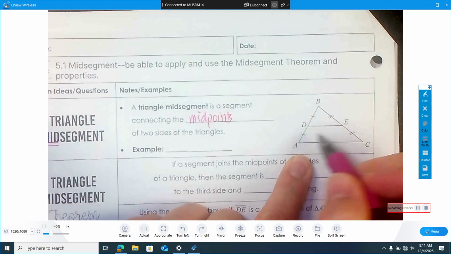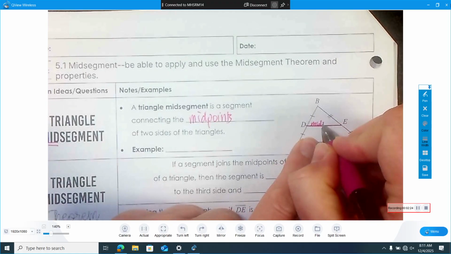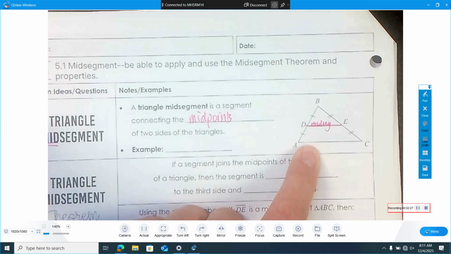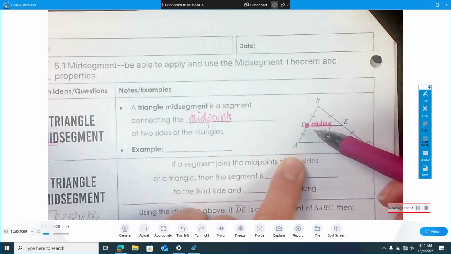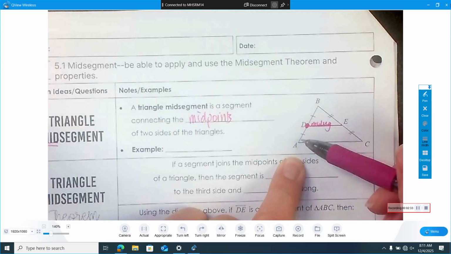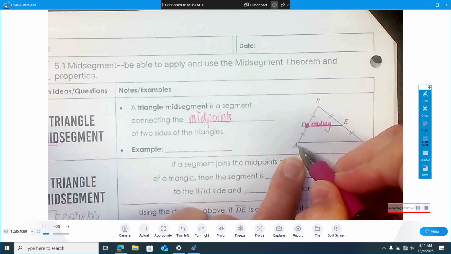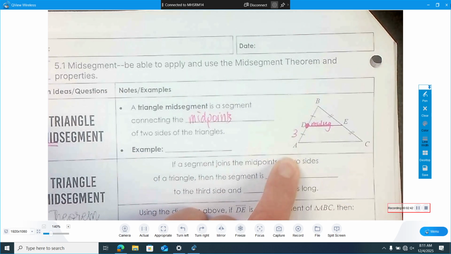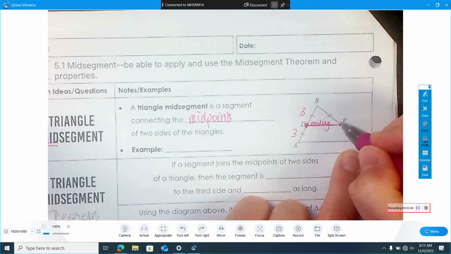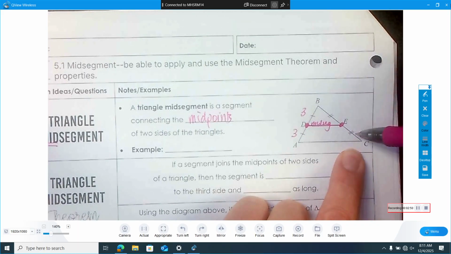You can see here, DE is what we would call a mid-segment, all right? It is a mid-segment because D is a midpoint. I know it's a midpoint because my two segments on either side are the same. If DA is a length of 3, what's DB? 3. Also 3. And over here, I know that E is a midpoint because of the markings here.